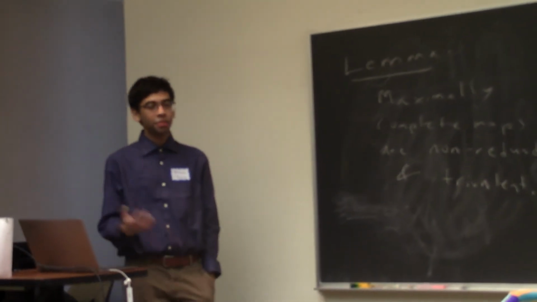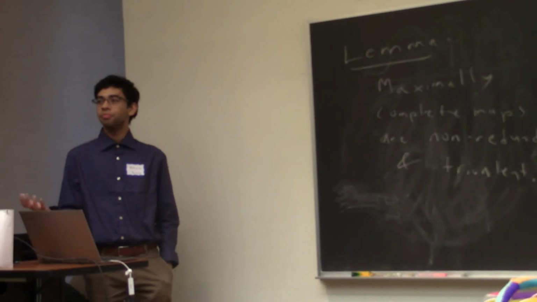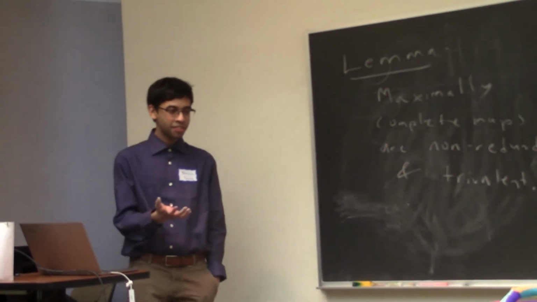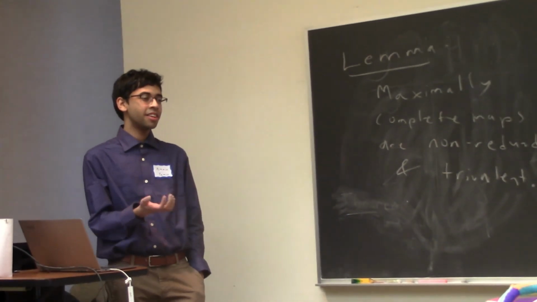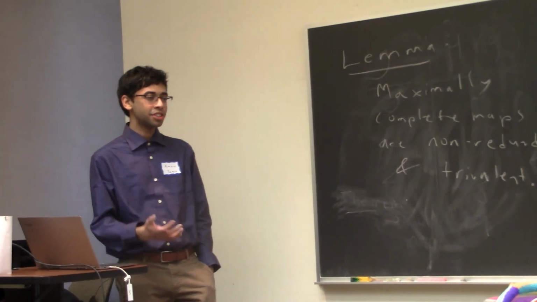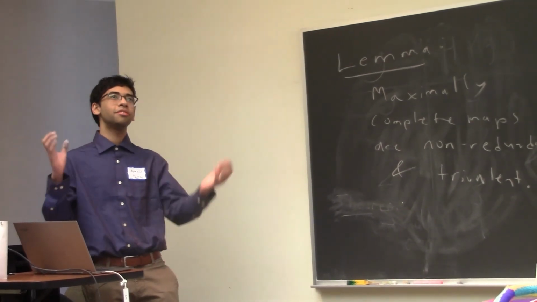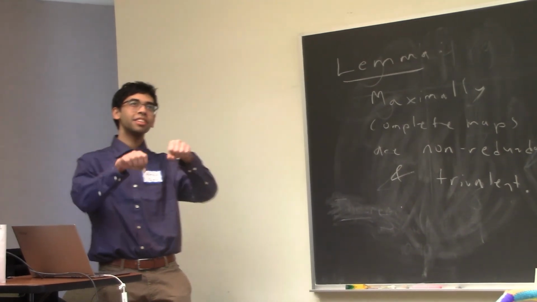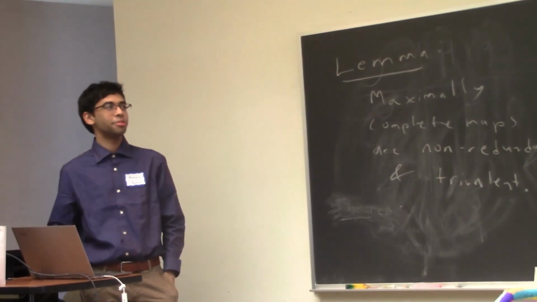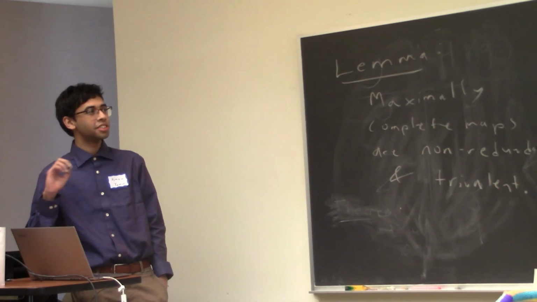So to summarize, we started with the question of finding maximally complete maps on a surface, and we wanted to find a maximally complete map on the genus 3 surface. And the way we were able to do that is by taking two complete base maps and then combining them in a way to get a maximally complete map on a surface of a higher genus.